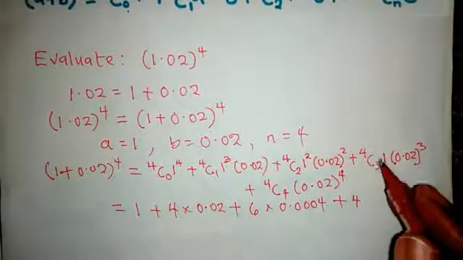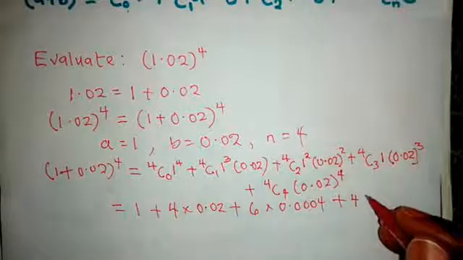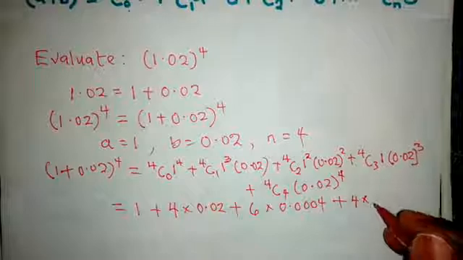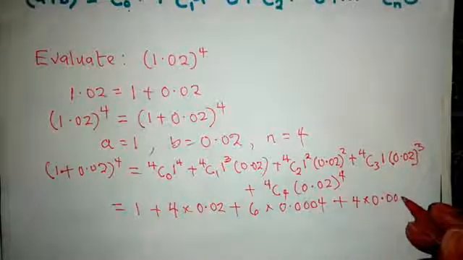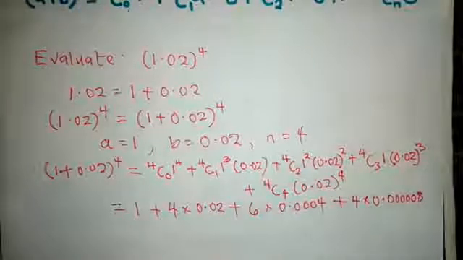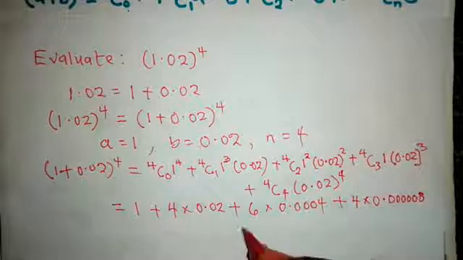You can use your calculator to work out these combinations. Times 0.02 cubed gives us 0.000008. You can work that out using a calculator.